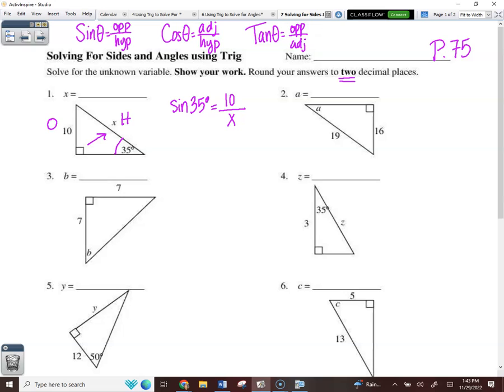You're going to cross multiply the bottom of the fraction over to the front. Sometimes you're done, sometimes you're not. In this case, we're not done. Then you would divide by sine 35 to the right. So that's going to divide out over here, and that's what you type in your calculator.